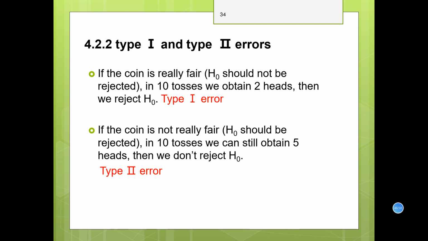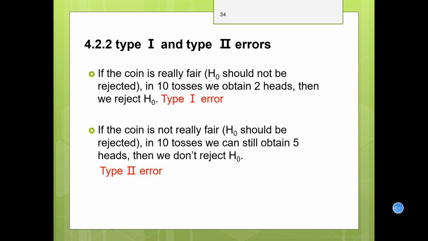Next one. Hypothesis testing doesn't mean the conclusion of the hypothesis testing must be correct. We can still make some wrong decisions based on hypothesis testing. So there are actually 2 types of incorrect decisions or errors that can be made in this context.